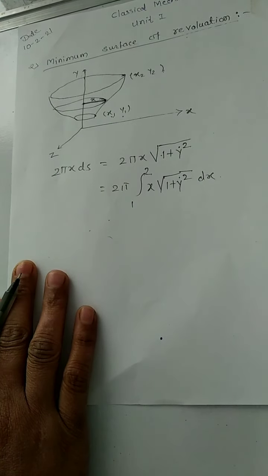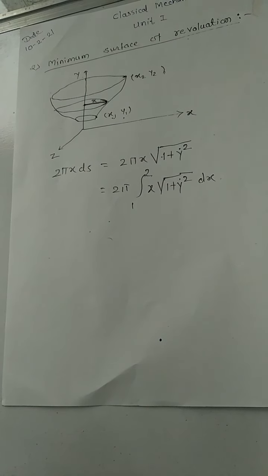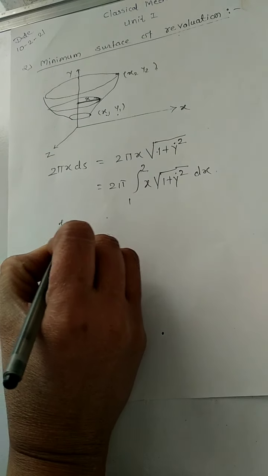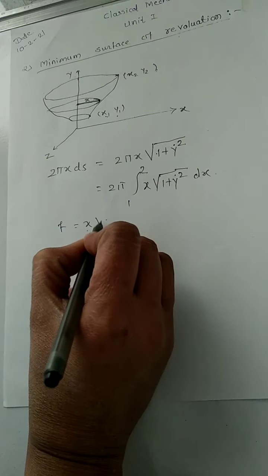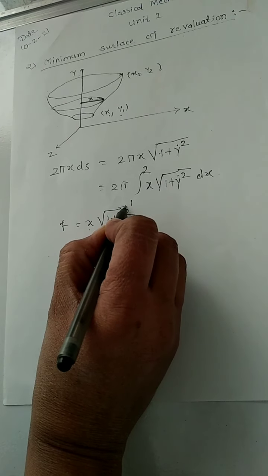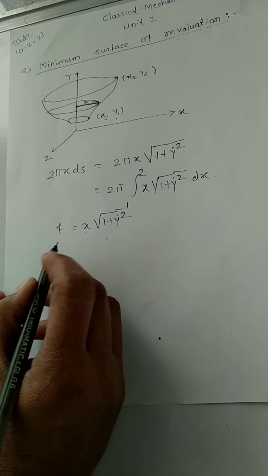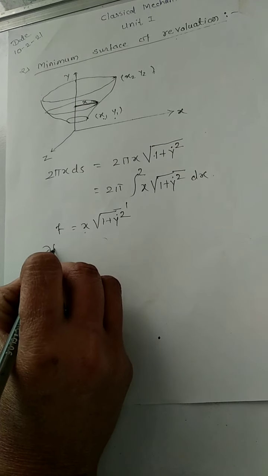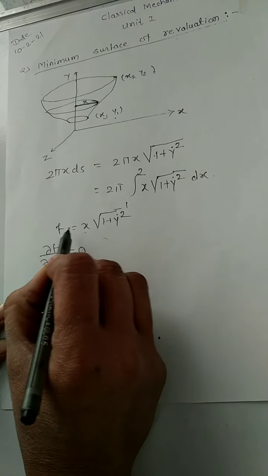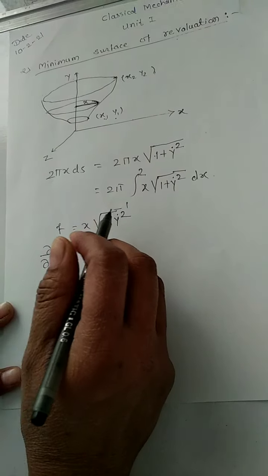The extreme of this integral is again given by Lagrange's equation, where f is equal to x into under root of 1 plus y dot square. The derivative with respect to y, del f upon del y, is equal to 0 because f does not contain y.